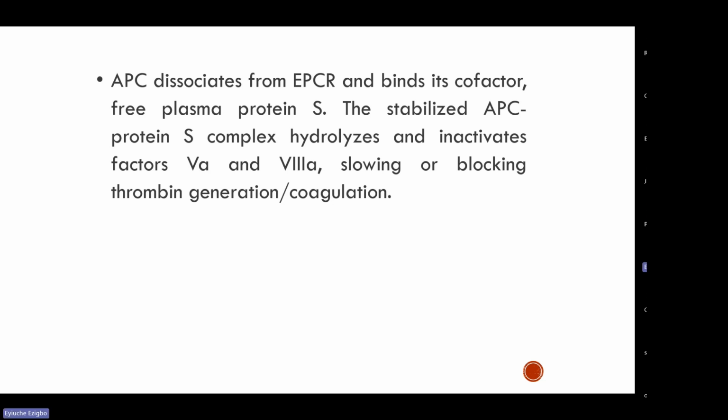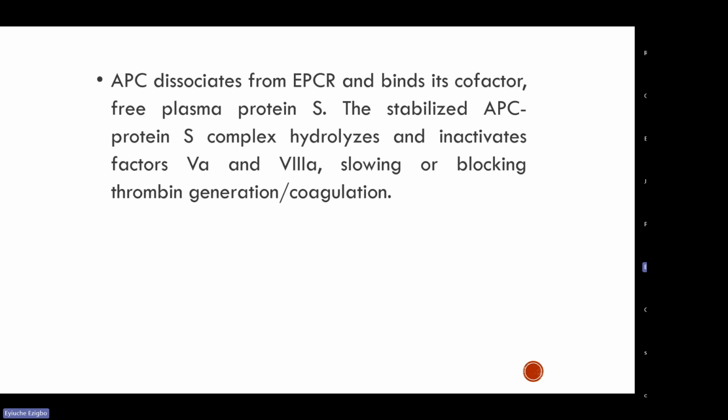So after the formation of the activated protein C-protein S complex, what this combination does, how they regulate coagulation, is that they hydrolyze or inactivate factor 5 and factor 8.